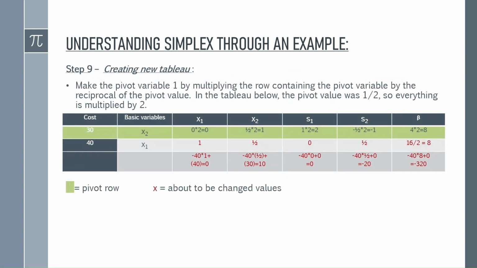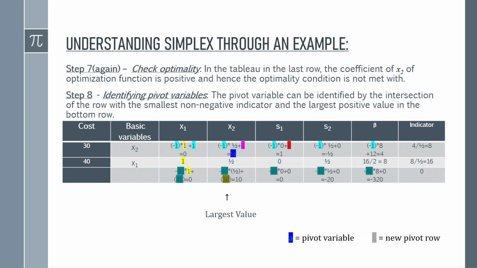So here the row corresponding to the minimum value of the indicator is the first row, because 8 is less than 16. So the row containing 8, the minimum non-negative indicator, will be the pivot row, and this will be the pivot column, the column corresponding to the next variable.